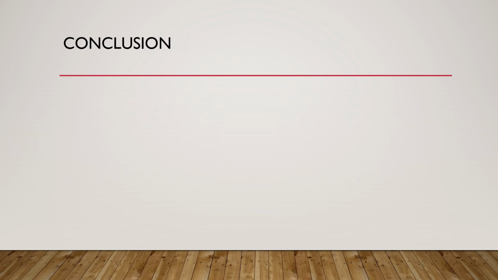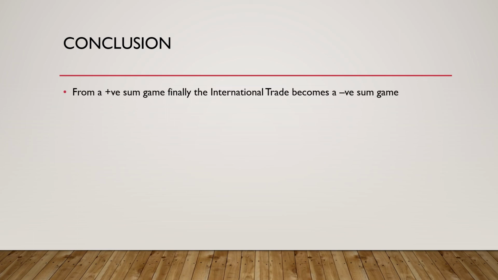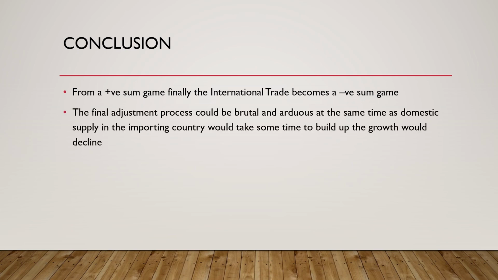So in conclusion, we can say that international trade in the given system turns from a positive sum game finally into a negative sum game. The final adjustment process could be brutal and arduous at the same time, as domestic supply in the importing country would take some time to build, leading to a decline in growth.